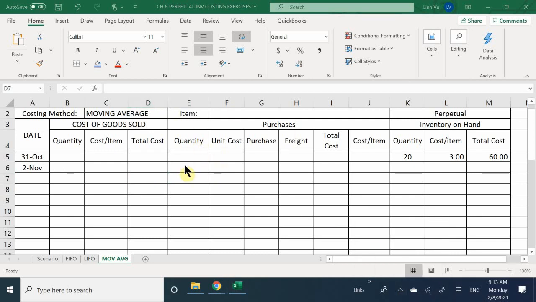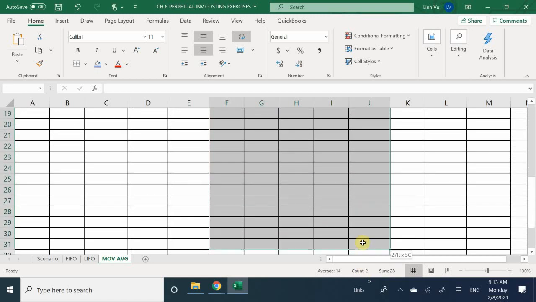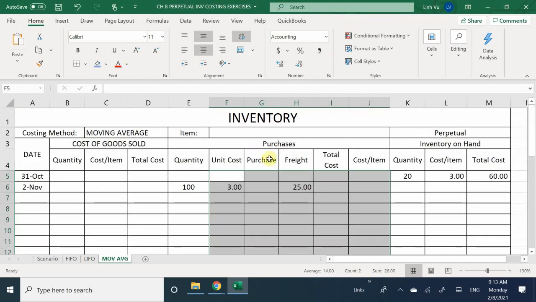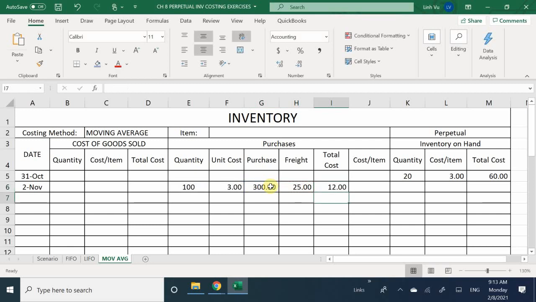And let me see, my quantity was 100 at $3 with a freight of 25. So what is going to be my total purchase price? 300. Okay. And then what is going to be my total cost? 325.